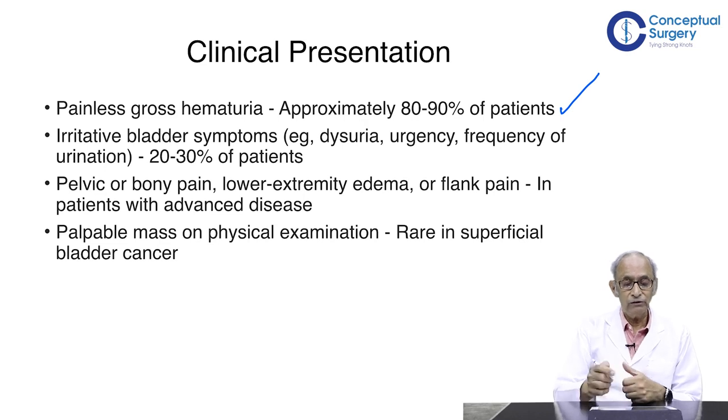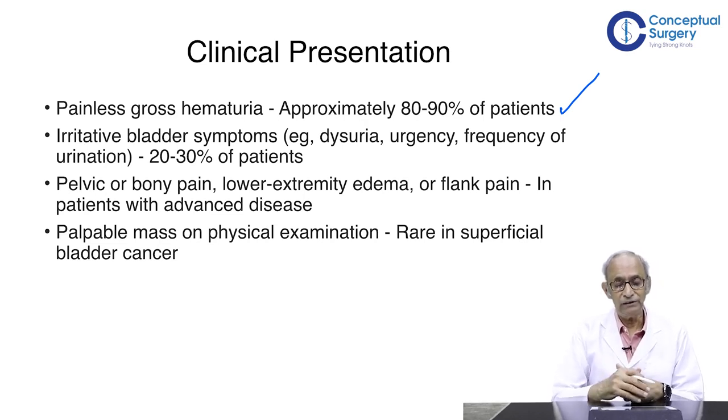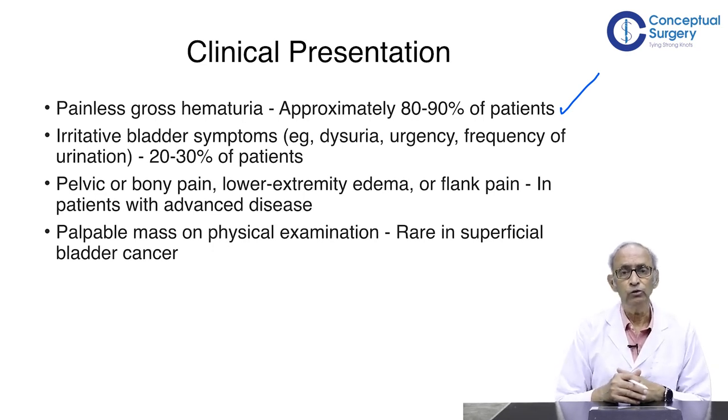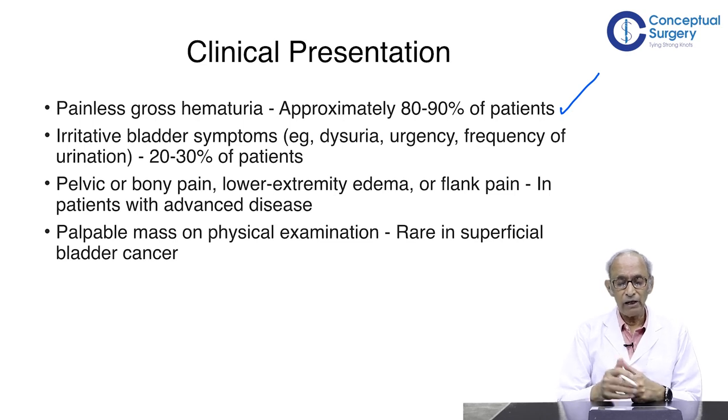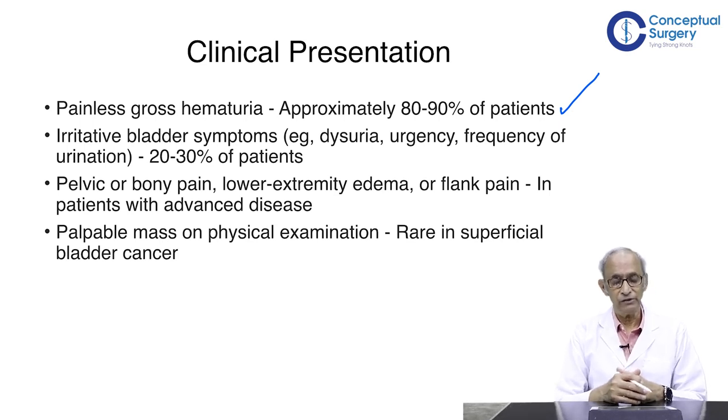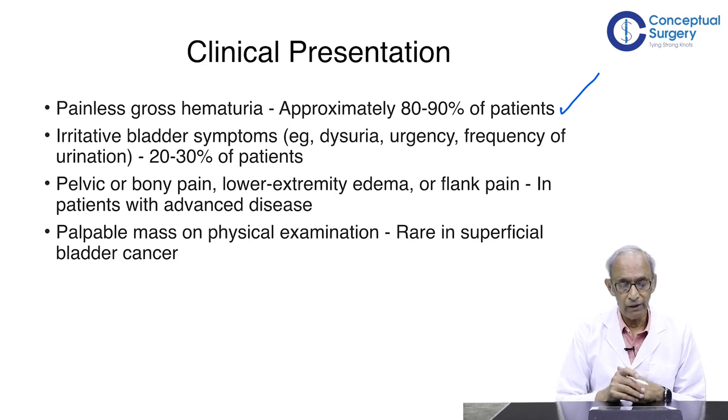So in 20 to 30% of patients, the presentation is like this. It may be because there is already a tumor sitting at the bladder outlet and giving rise to these symptoms. It may be so. It may also not be so. For example, carcinoma in situ can give rise to this particular symptom complex.